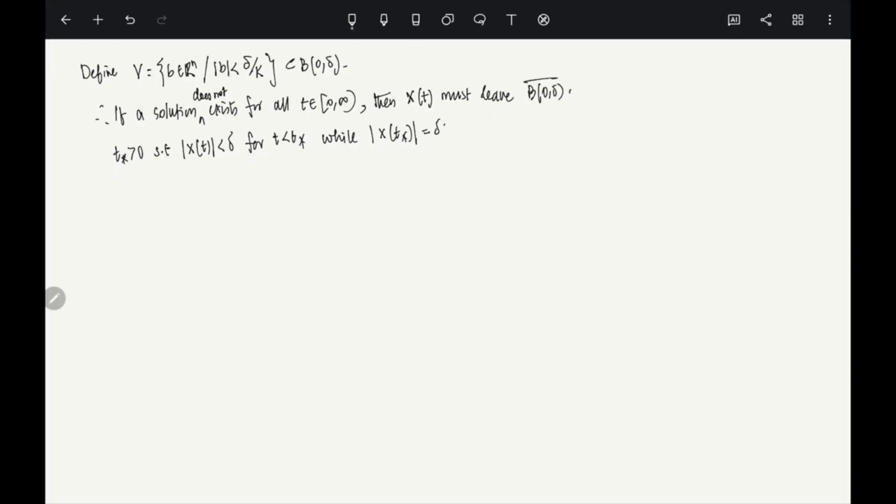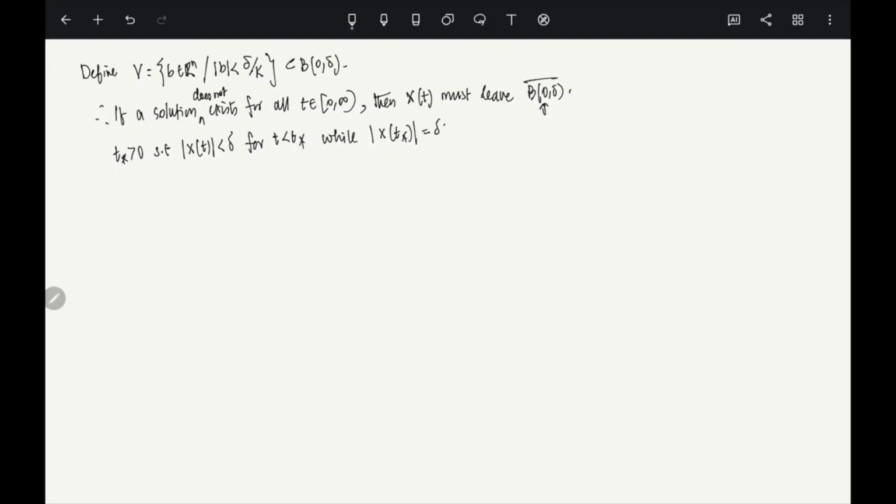Okay. Now see, the solution does not exist for all time t. That's our assumption. We have to prove it exists for all time t, so we are assuming that it does not exist. In that case, it starts from 0, and it is not contained in that compact set, because if it were contained, it would have to be there for all time t.